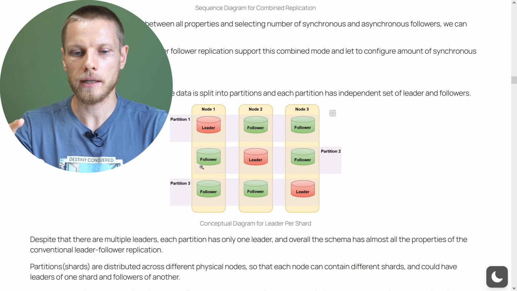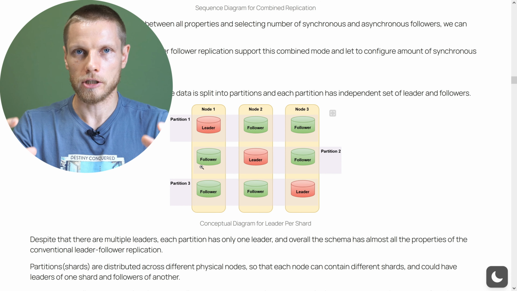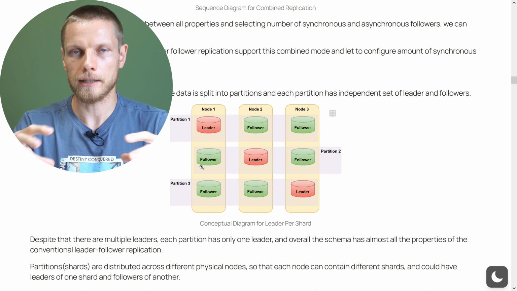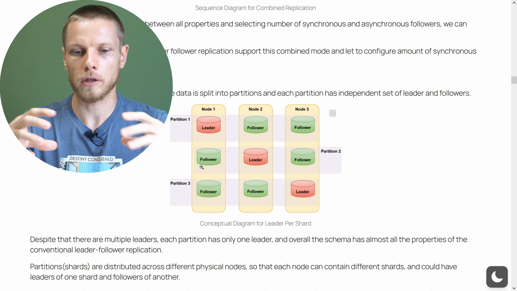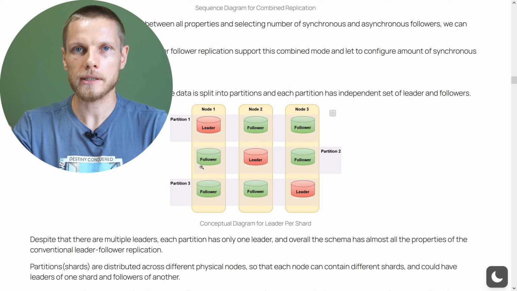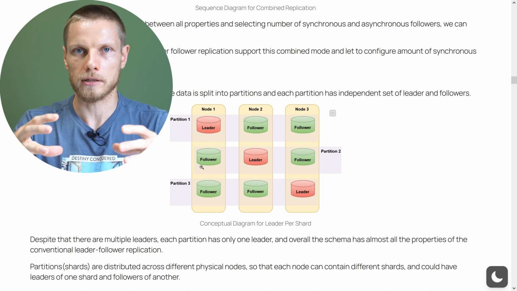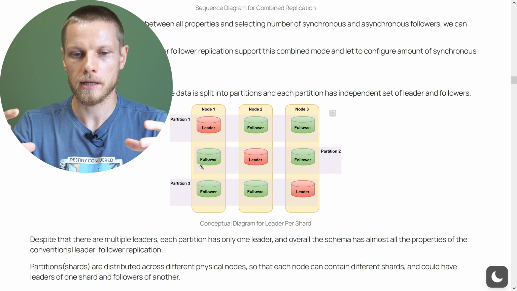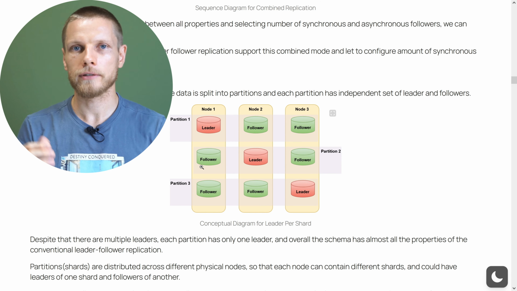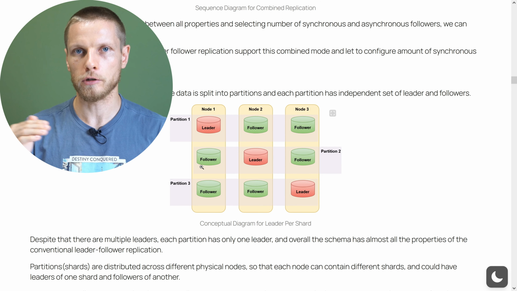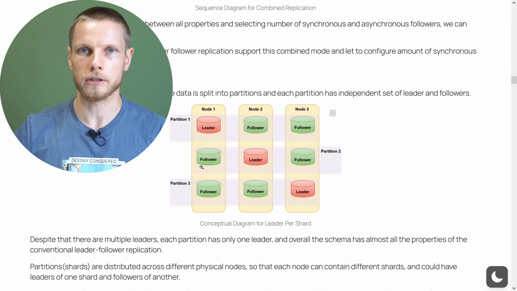The main idea here is that each partition has a single leader, and each data piece belongs to only one partition. And it means that in such systems, conflicts are not possible. Also within each partition, there is a total order of writes, but we don't have guarantees of mutual order of writes between different partitions.